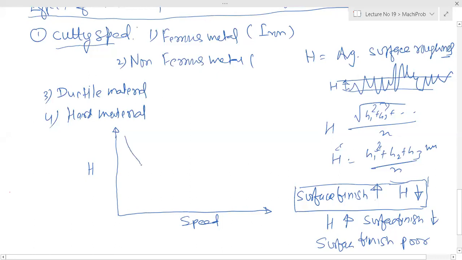So with the speed, this is your ductile material case and hard material case. Two cases we'll discuss, and then ferrous and non-ferrous. That is important. If anybody wants to write this, you can write.